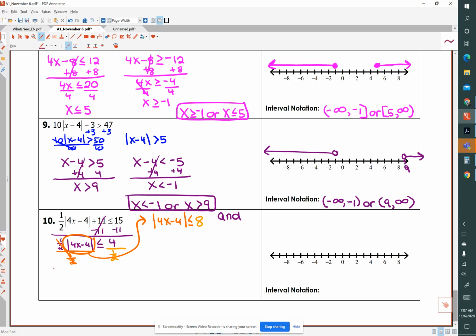So here we are. Make two cases. 4x minus 4 is less than or equal to 8. In our second case, 4x minus 4, switch, greater than or equal to, and it's negative 8. Now we add 4 to both sides.